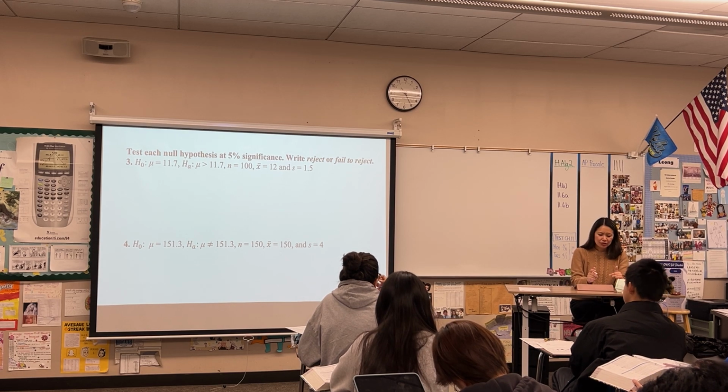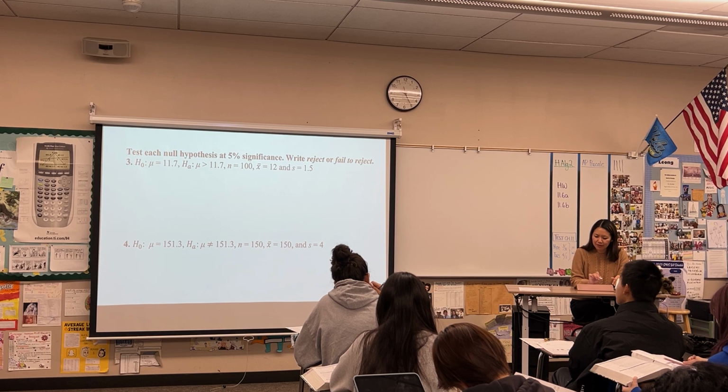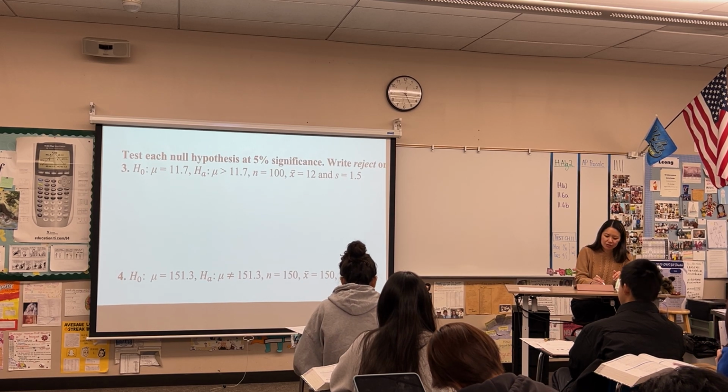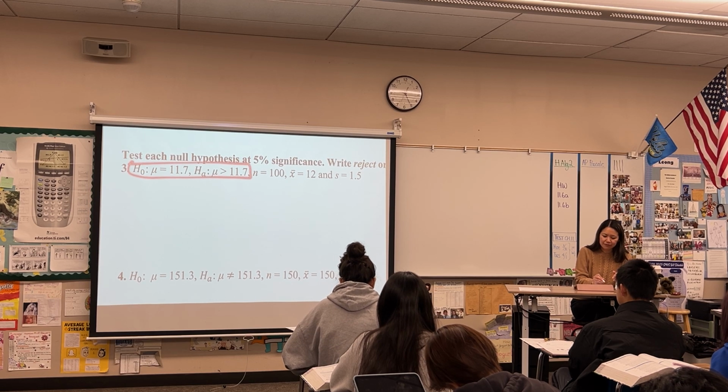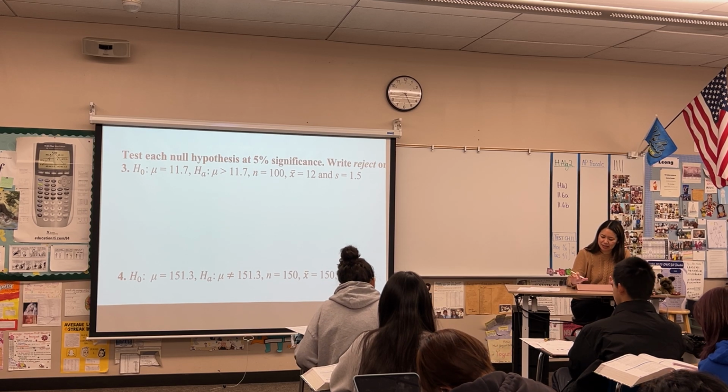Okay? So number 3, test each null hypothesis at 5% significance. So that's our alpha. Then we're just going to write reject or fail to reject. Okay. So they give you this null hypothesis. They give you this alternative. That's step 1, already done for you. Let's go to step 2 and find that z statistic. All right.